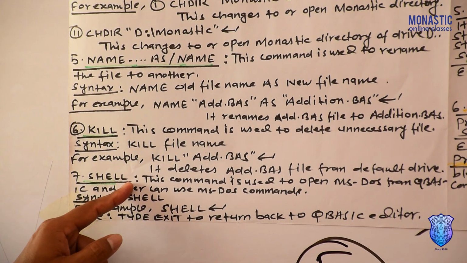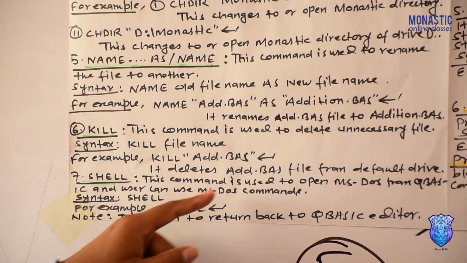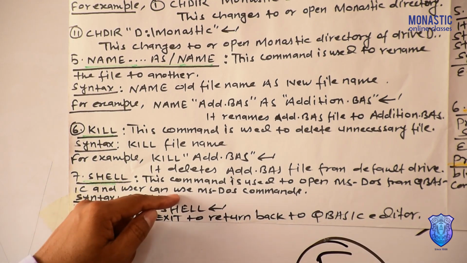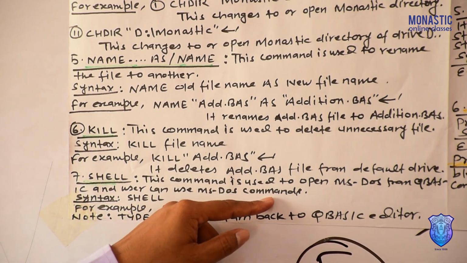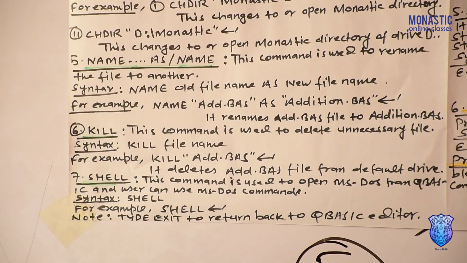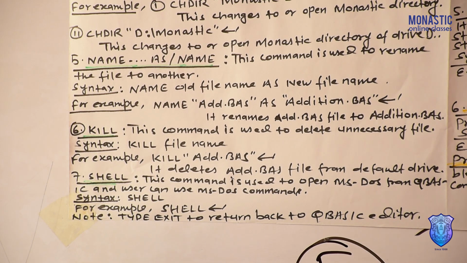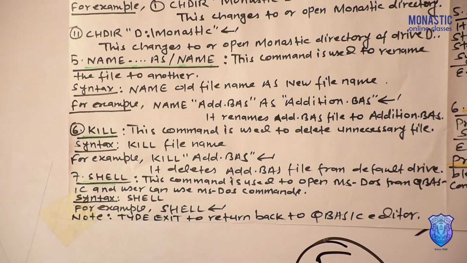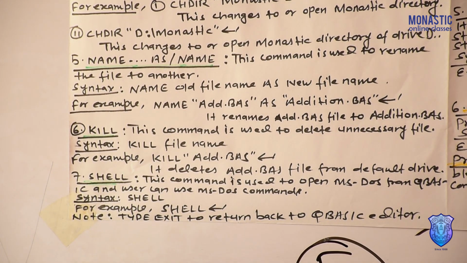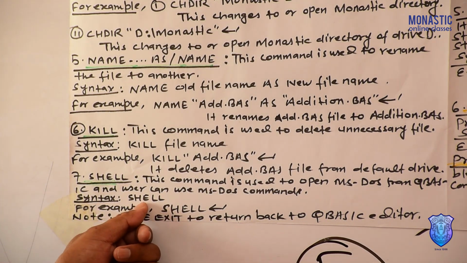Next one is shell. This command is used to open MS-DOS from QBASIC, and the user can use MS-DOS commands. By using the shell command, the user can open DOS and use different DOS commands like md, cd, rd, etc. Syntax is simply the same.